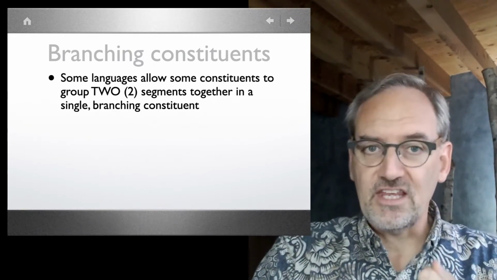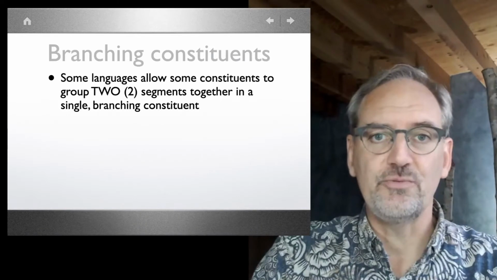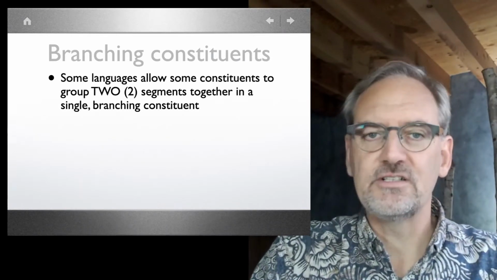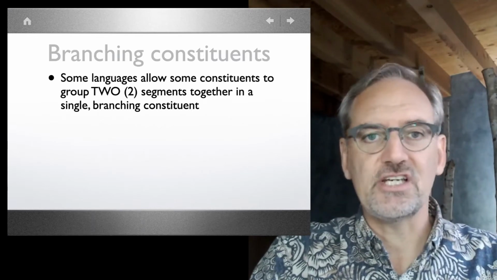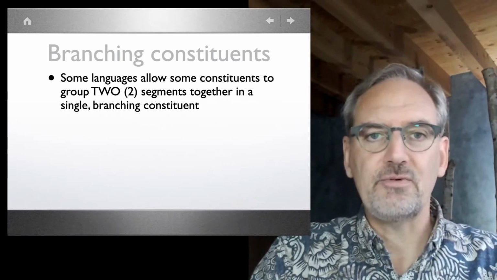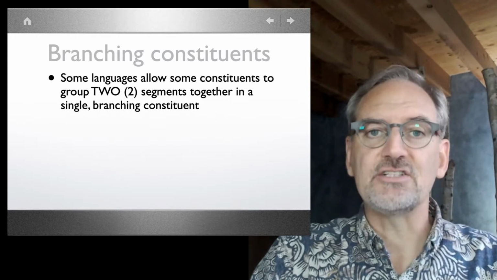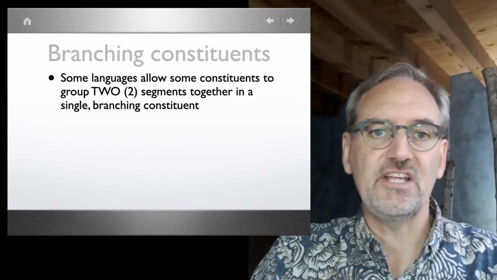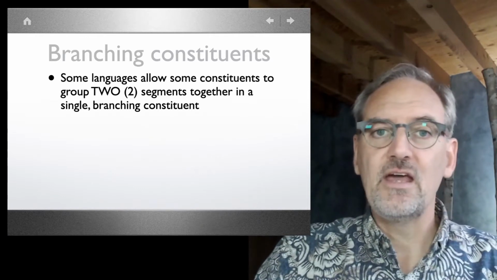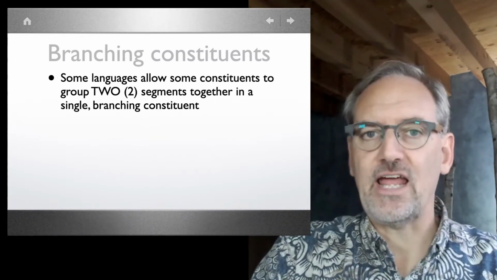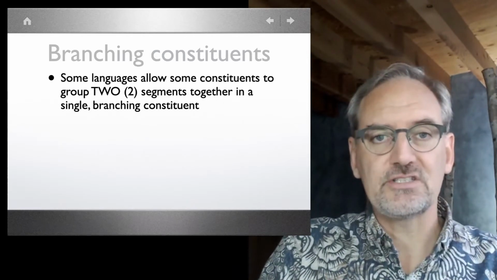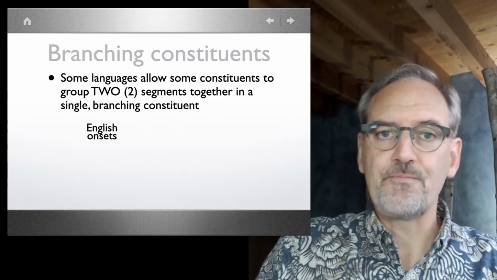The key here is it's exactly 2. A branching constituent does not have 3 or 4, and does not have 1, but rather has 2 segments in this syllable constituent. This varies from language to language. Some languages allow branching constituents, some languages don't.